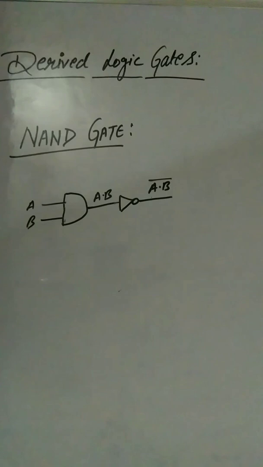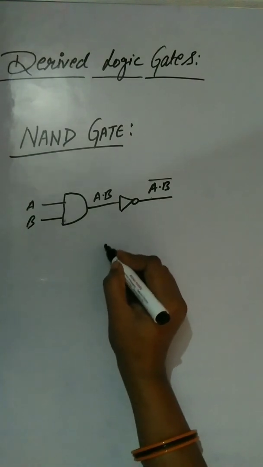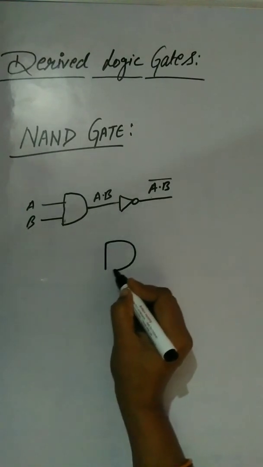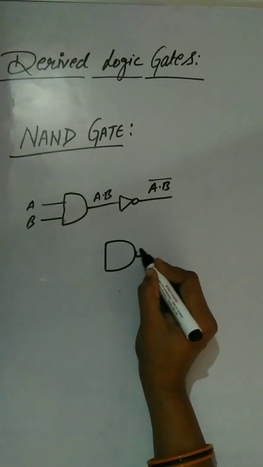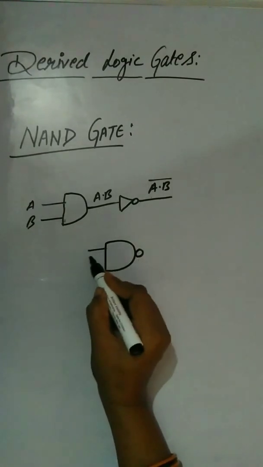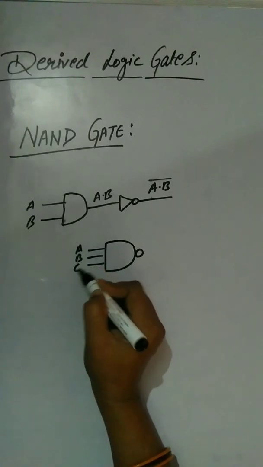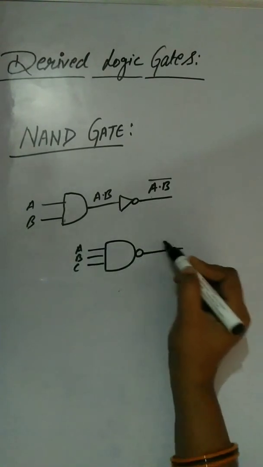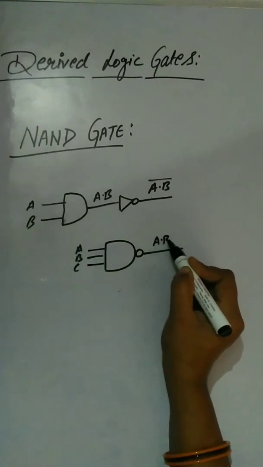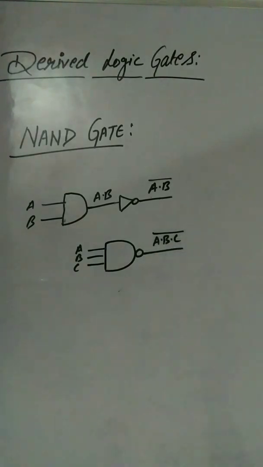Okay, so it's a combination of AND and NOT gate. You can draw this diagram like this. AND gate followed by a NOT sign. We pass three values A, B, C, three inputs. It will produce A dot B dot C whole bar.